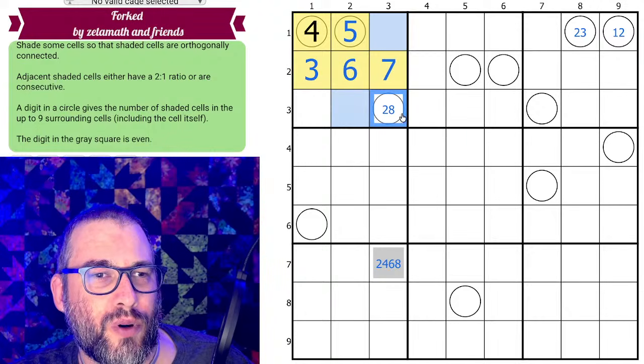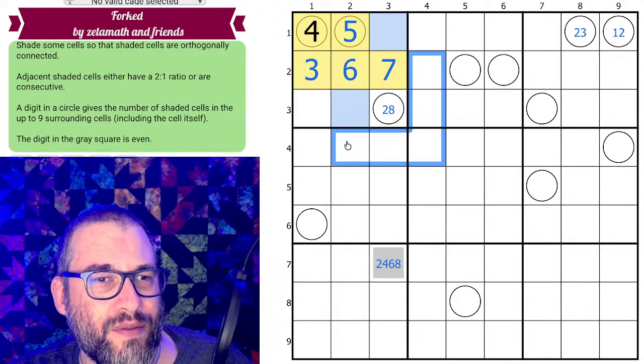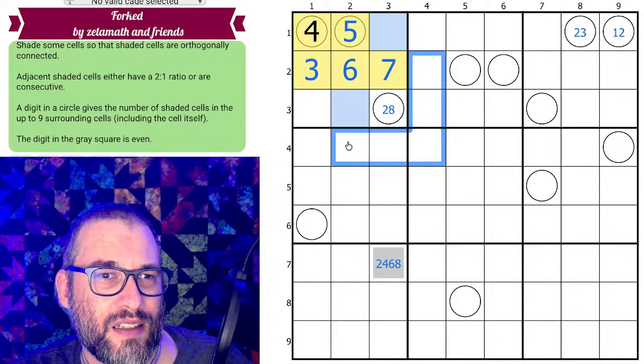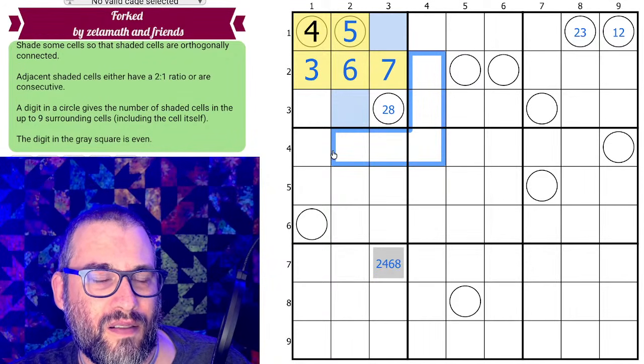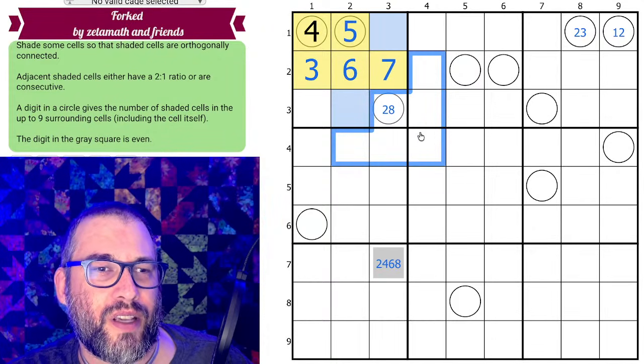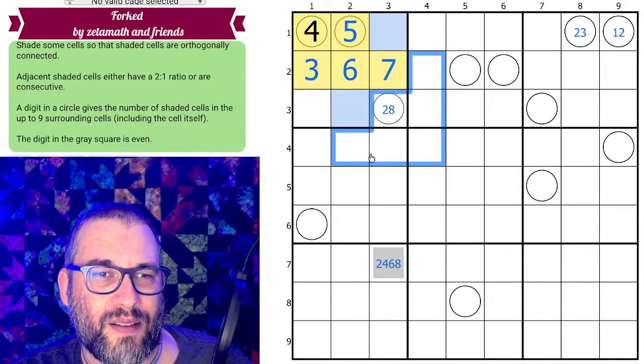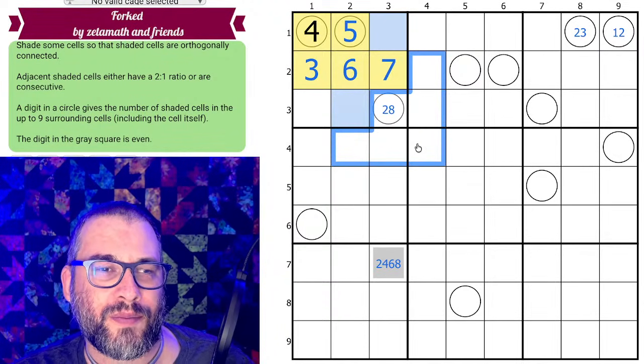So it's 2 or 8. So either none of these are shaded or all of them are. Including this. Either none of these 6 cells are shaded, or all of them are.